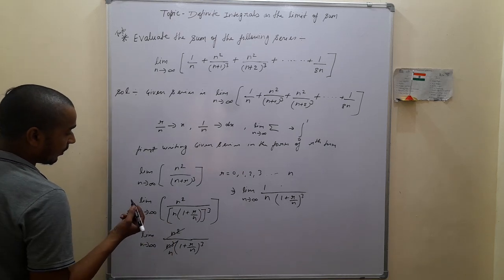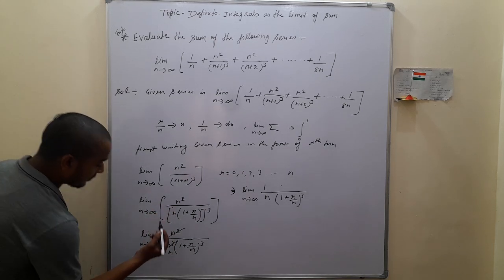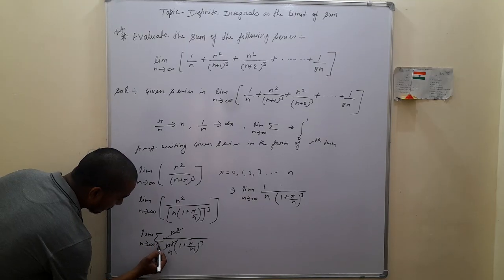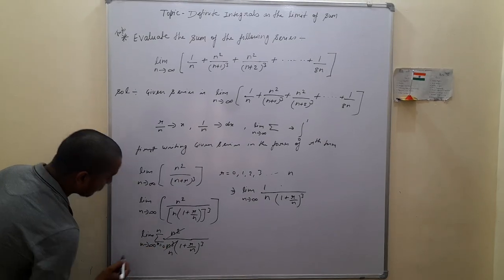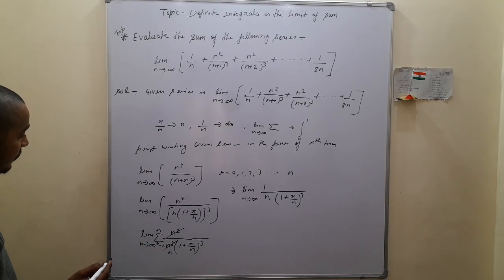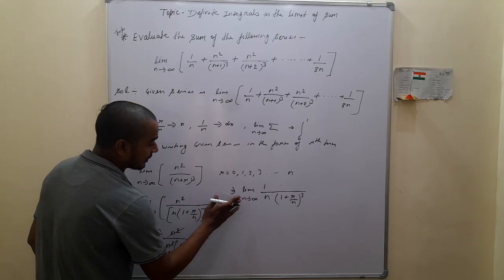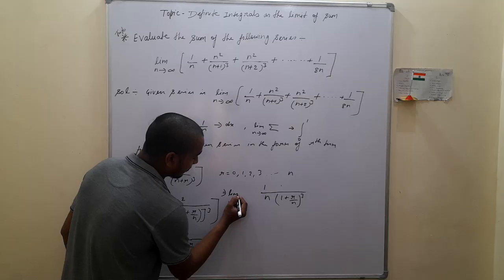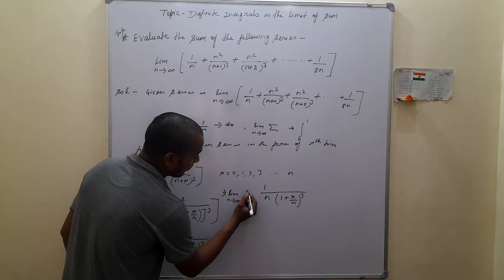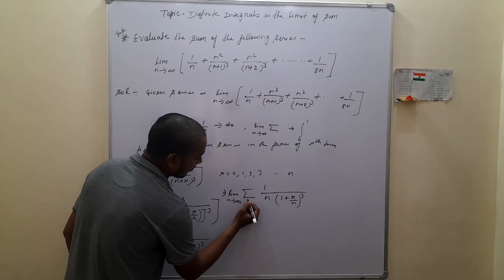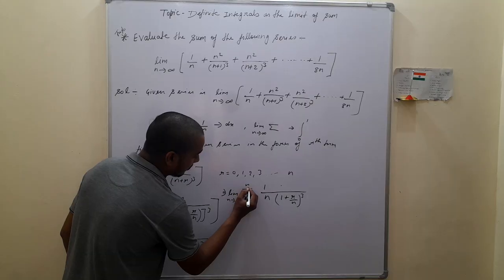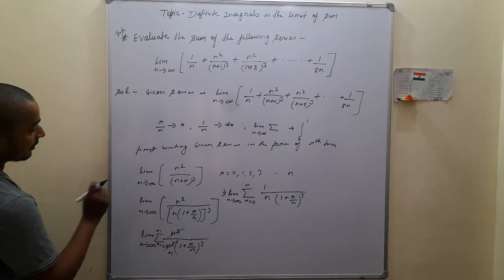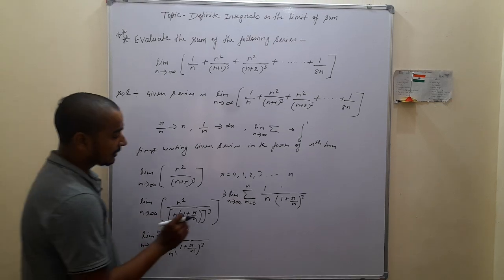This is the summation form, where r is equal to 0 to n, and we can also mention once again limit n tends to infinity, with summation r is equal to 0 to n, and this is the r term, so nothing is affected here.